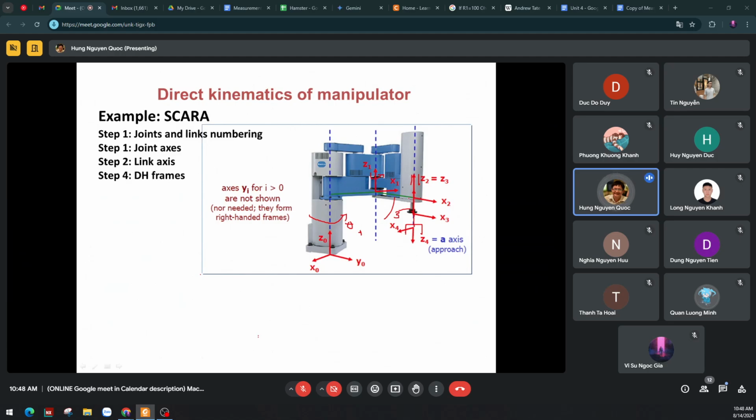And here is sliding. And at the end point, this is the end point. I choose the coordinate like that.